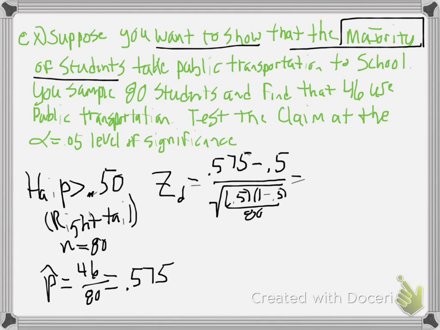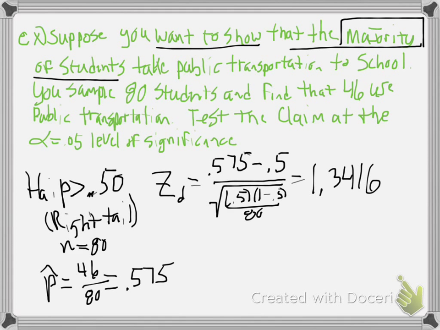Type this in. I would do 0.575 minus 0.5, enter, divided by the square root of 0.5 times (1 minus 0.5), divided by 80, that's the sample size, all underneath the square root, and we should get 1.3416 as our test stat.